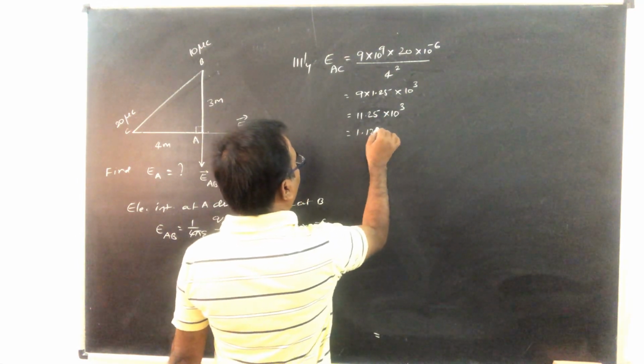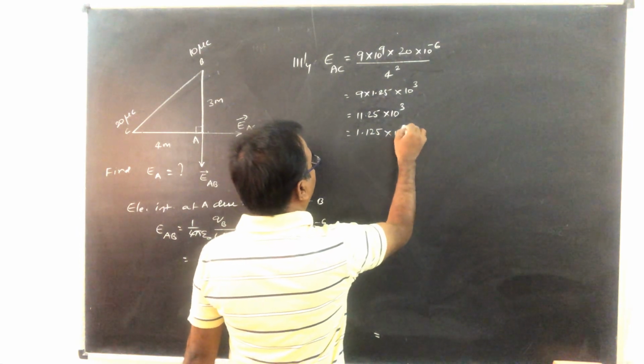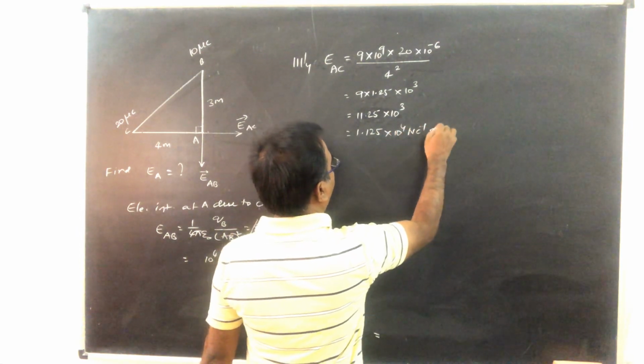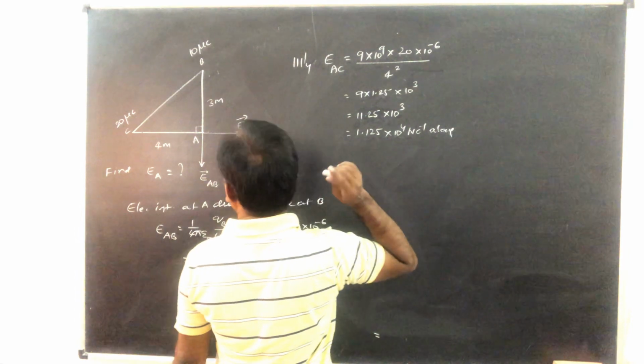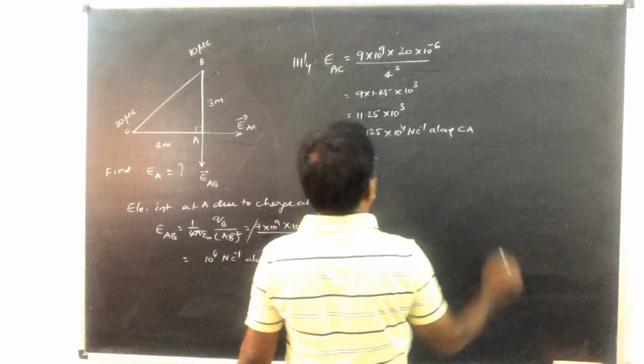That means 1.125 into 10 to the power of 4 Newton per coulomb along CA.